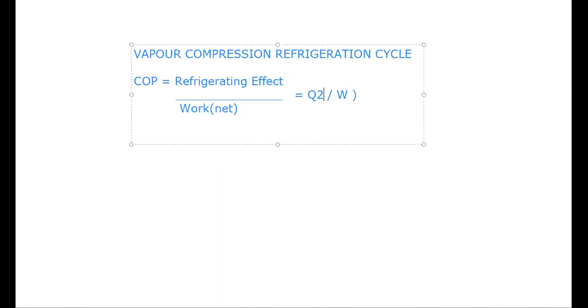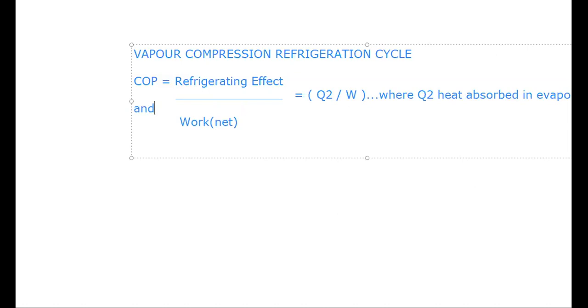I'll write it for you. COP equals Q2 divided by W, where Q2 is the heat absorbed in the evaporator, and W is the work done by the compressor.